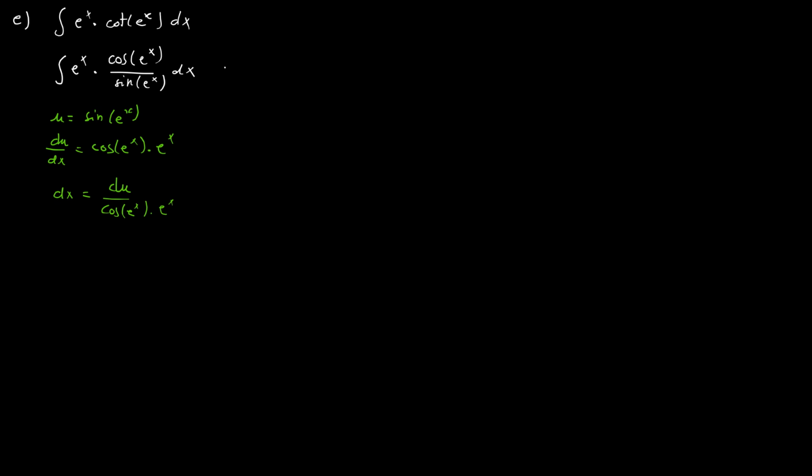Well, it tells us the following. It tells us that this becomes e to the power of x times cosine of e to the power of x, because we didn't change that, over u times du over cosine e to the power of x times e to the power of x. Now we can scratch out a couple of things.